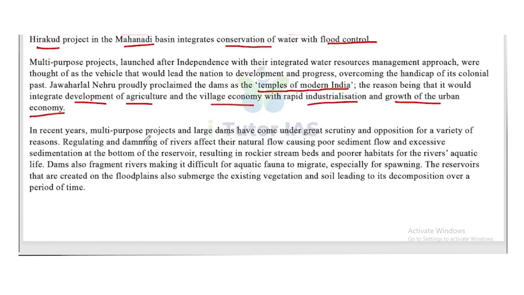In recent years, multi-purpose projects and large dams have come under great scrutiny and opposition for a variety of reasons. Regulating and damming of rivers affects their natural flow, causing poor sediment flow and excessive sedimentation at the bottom of the reservoir.